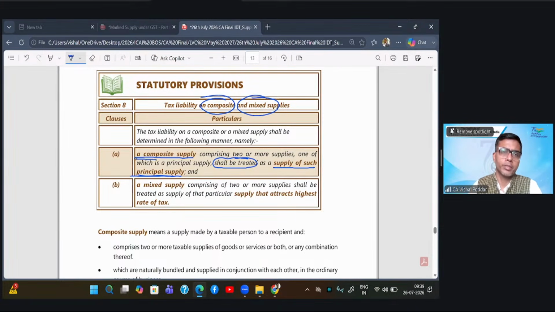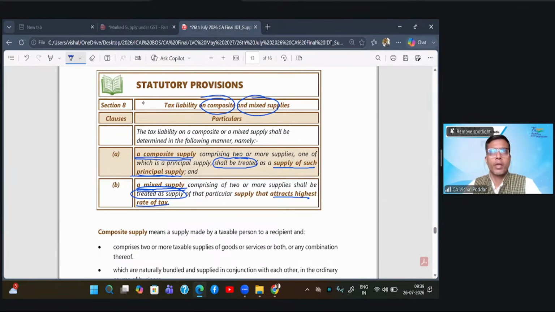This is if the supply is determined to be a composite supply. However, if the supply is determined to be a mixed supply, then on the entire value, you will tax or treat the supply as the supply of that one item which is having the highest rate of tax in that combination.